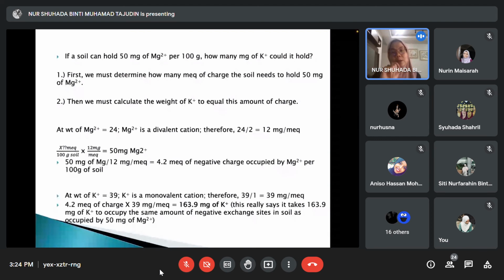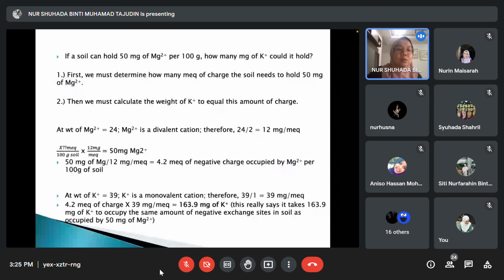So what you have to do is first determine how many MEQ of charge, because we want to know the soil CEC. Then later you can calculate back for K, the weight of K which is equal to this amount of charge. For example, the atomic weight of Mg is 24, so 24 over 2 is 12.